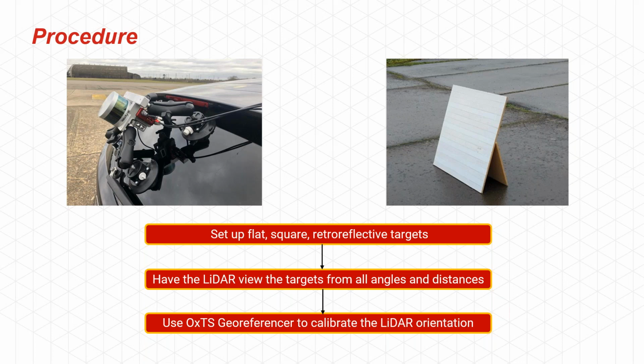And then you drive around or fly around and have your LiDAR view the targets from a range of angles and distances. And then you let the software do the hard work for you, and that will give you a boresighted solution. So you measure the angles to the best of your ability, and then the software will calibrate that to 0.1 degrees.